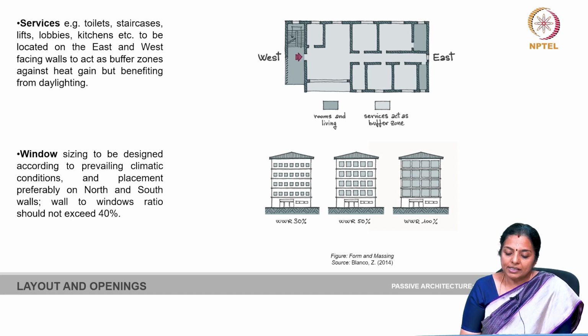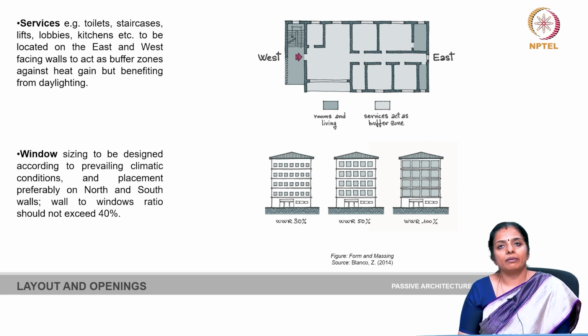You should also understand, when you are designing in a climate where the western sun is very harsh, which is largely the tropical belt, then placing service areas such as toilets, staircases, lifts, lobbies, sometimes kitchens on the east and west facing wall can act as buffer zones against direct sunlight and heat gain.